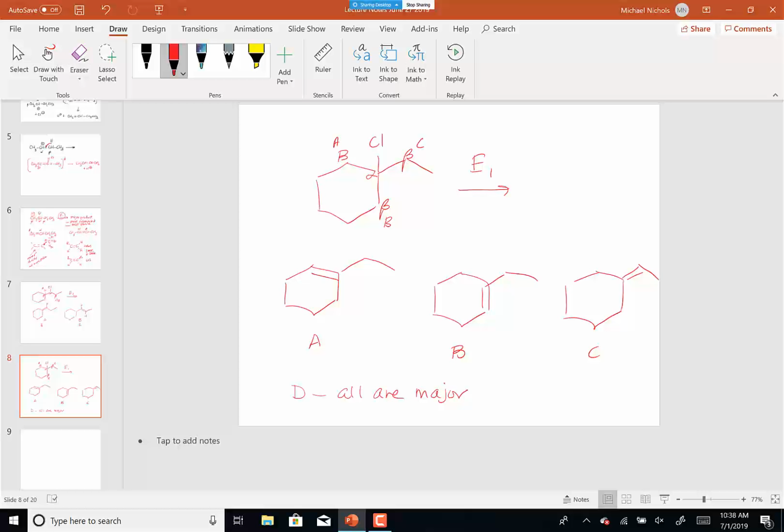A, B, or C, or D, that they're all major? This is where if I had clickers, I could go A and B, A and C, B and C, A, B, and C. Okay. So which one is the major product? A, B, C, or all of them?